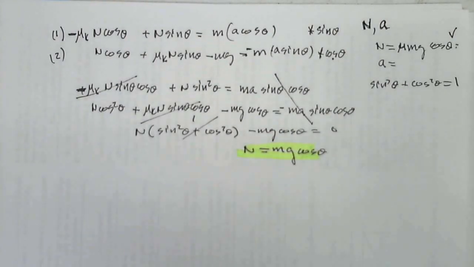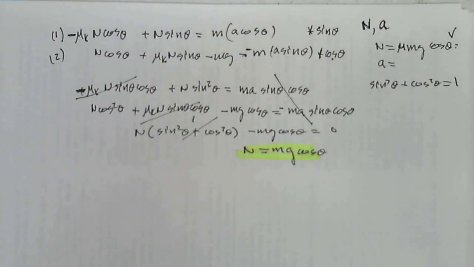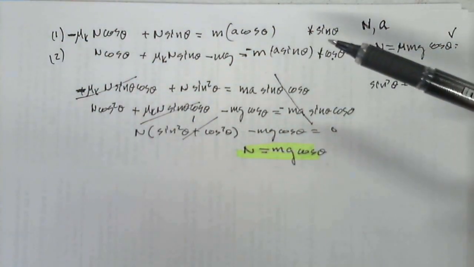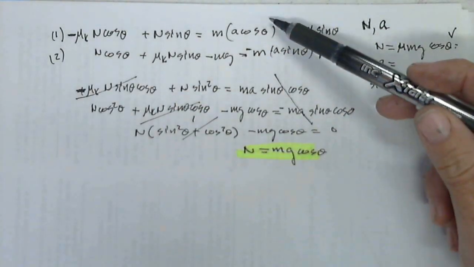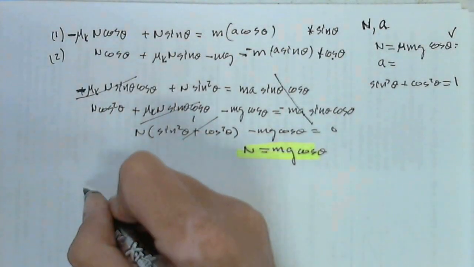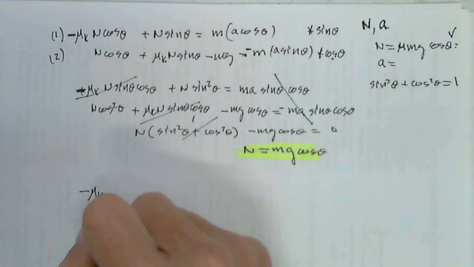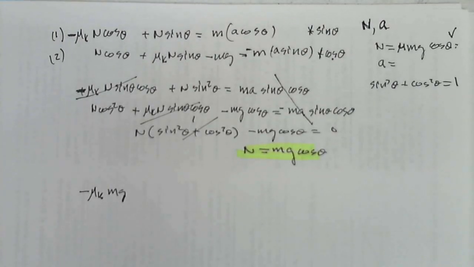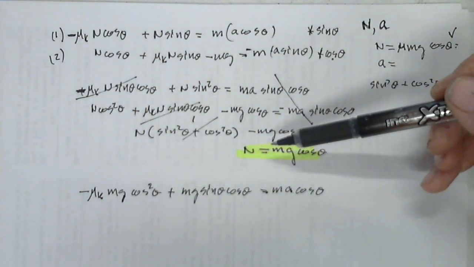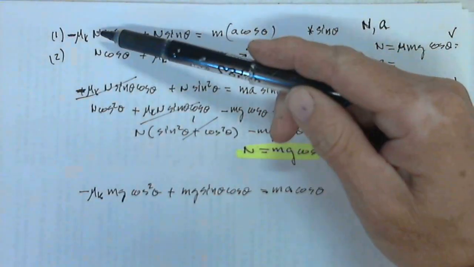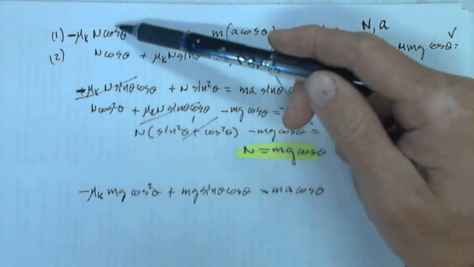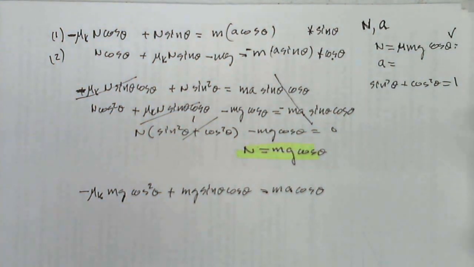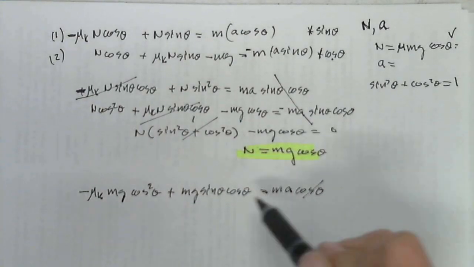Okay, so once I have the normal force, I can substitute it into the top or bottom equation. I'm going to substitute it here in the top equation. So I get mu k mg. Let me pause the video and write it down. I substitute the normal force into the top equation over here and over here, so I get cosine squared, and then I get sine cosine, and now I divide everything by the mass and the cosine of the angle.